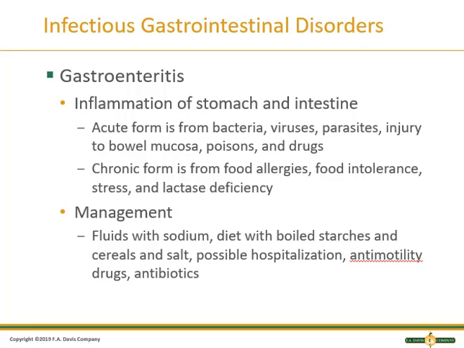On page 545, there is a table that has organisms that are associated with causing gastroenteritis, and I encourage you to look at that. It goes on for several pages, but it talks about the organism, where it is found, the duration of the gastroenteritis, when it may have onset, clinical findings, and then diagnosis and treatment. We're not going to get into that individually, so just be sure and review those.